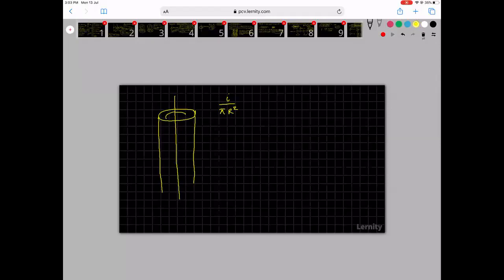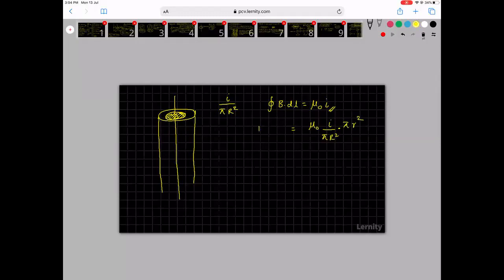Now the question is, what is the magnetic field at a distance small r from the axis? For that, I will use Ampere's law. Integral B dot dl is equal to mu naught into I, where I is the current passing through that loop. So that current will be mu naught into current density into that area.